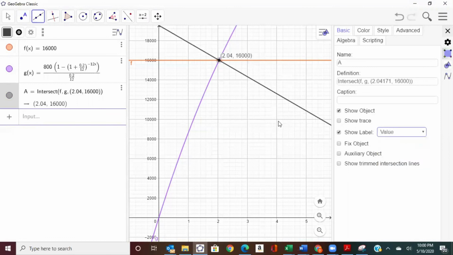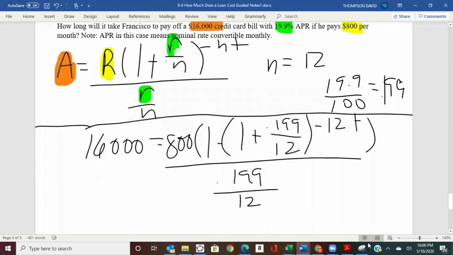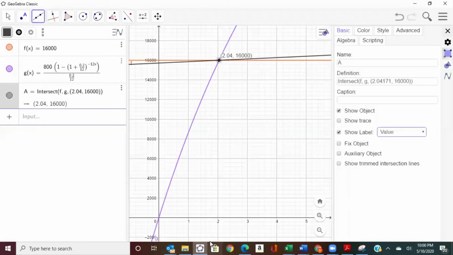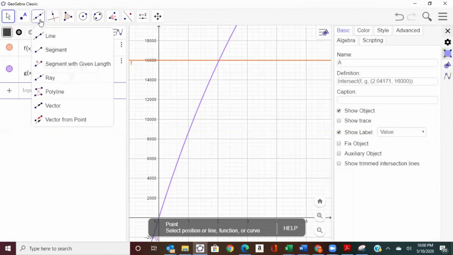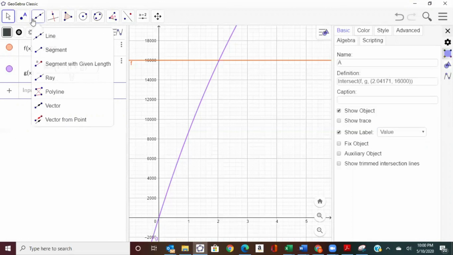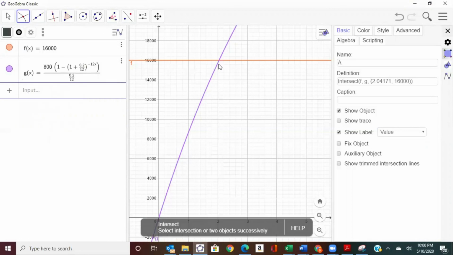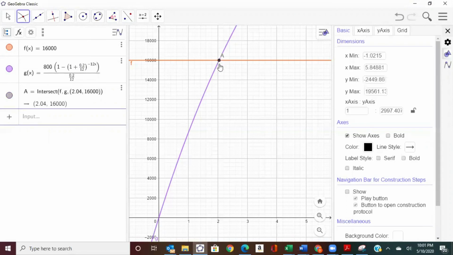Okay, we want the value. I had it, let me put it back. Intersection. And I'm just going to put the value on it.